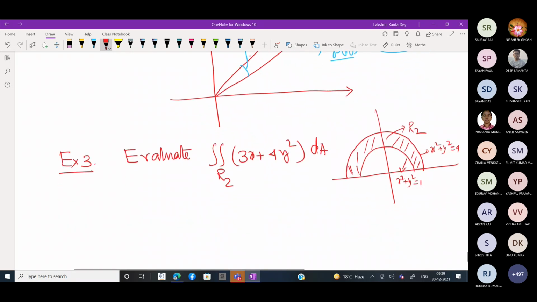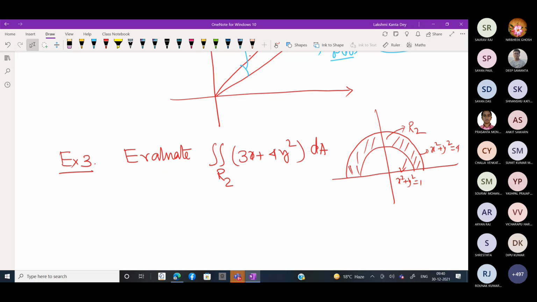So we can calculate by means of your Cartesian coordinate also. There is no issue, but it is a little bit difficult. But I can write this thing in terms of polar coordinate system.